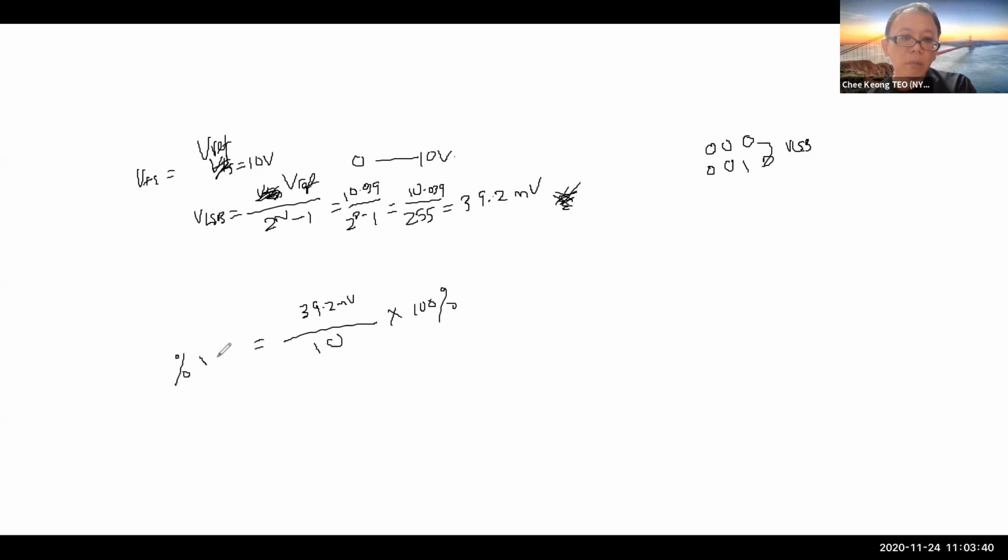So this will be equal to 39.2 divided by 10 times 100, about 0.392%. So this is your answer. For 1 bit change, it will result in 0.392% opening of the valve.